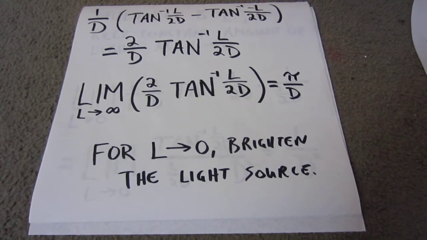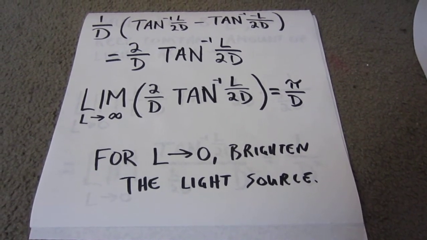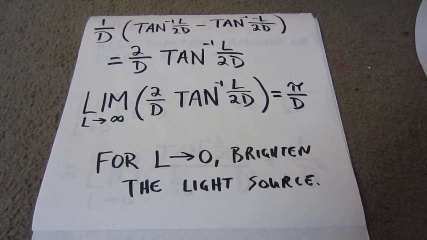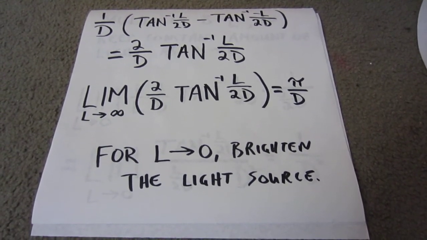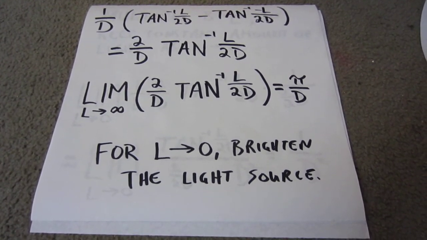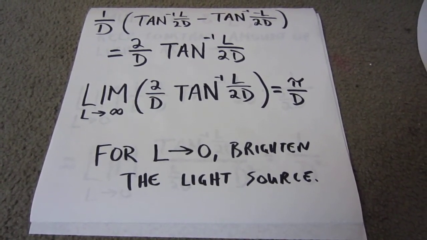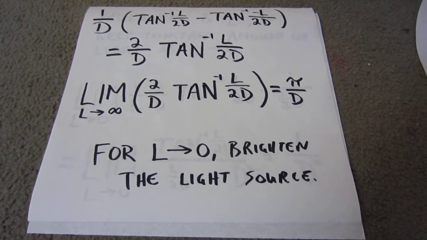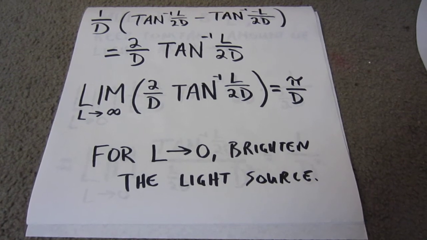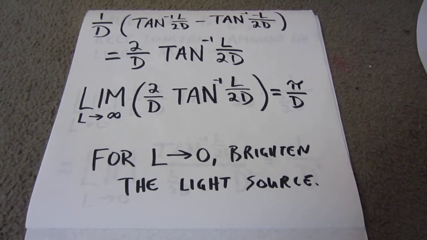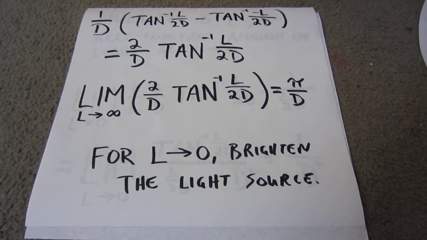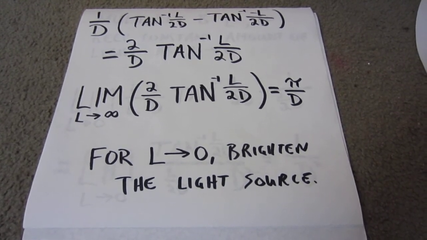And then when you take the limit as L goes to infinity, then L over 2d also goes to infinity. So the limit of the arctangent is just pi over 2, and the 2 cancels, and the d is still there, and right there is your inverse linear law as the limiting case for a long source.